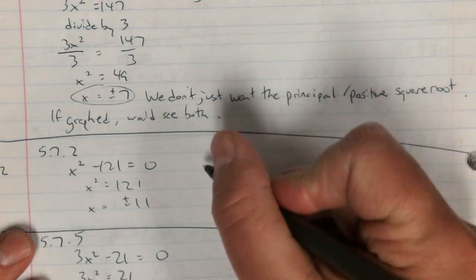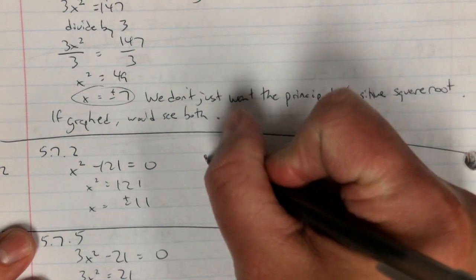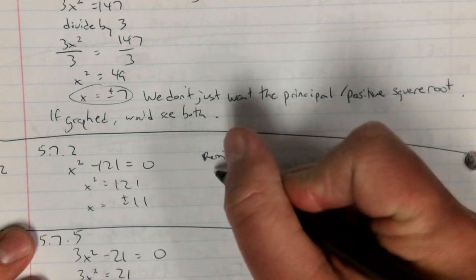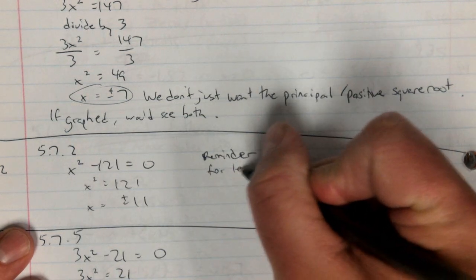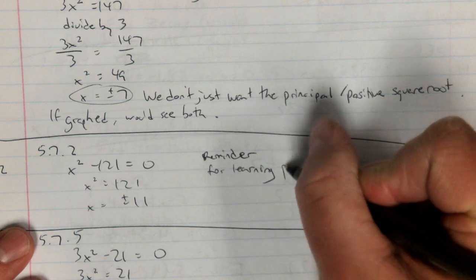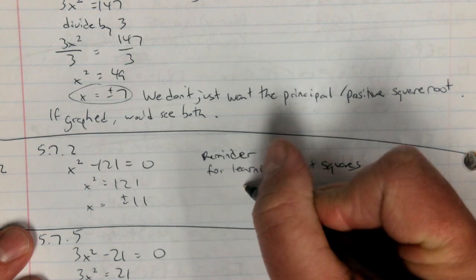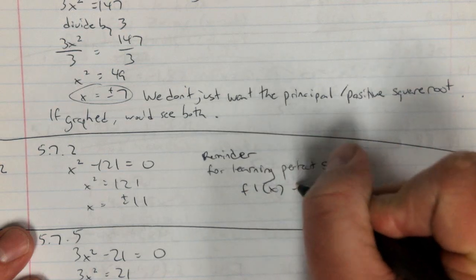By the way, just as a reminder, for learning perfect squares, you could do f1 of x equal x squared.